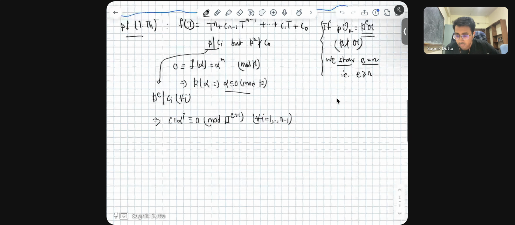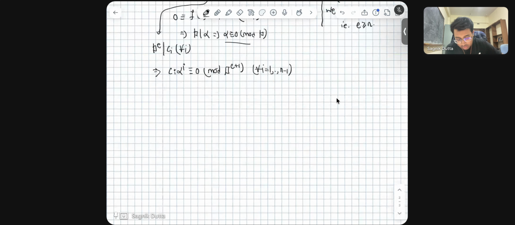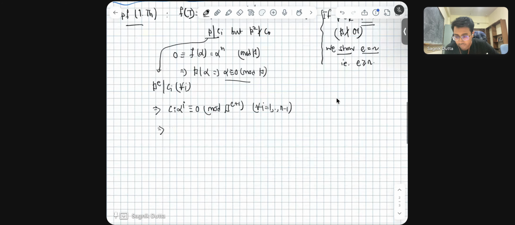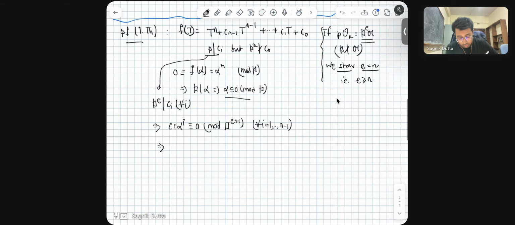So that means, when you look at this equation, when you put alpha in this equation, you get alpha to the n, and there is this intermediate term, plus C naught.